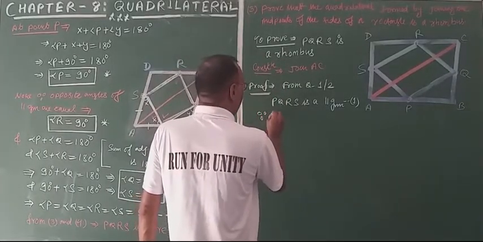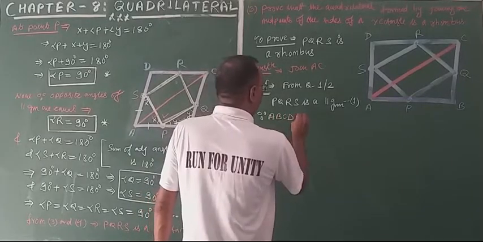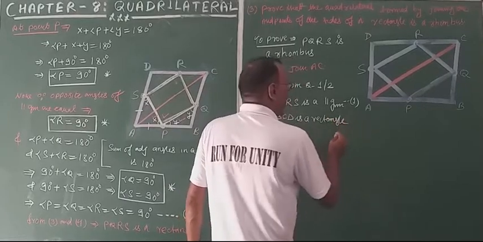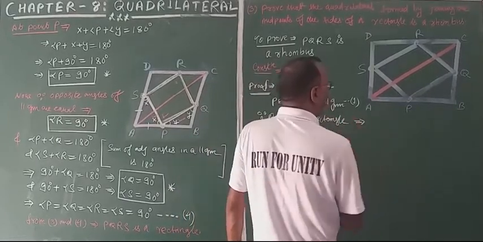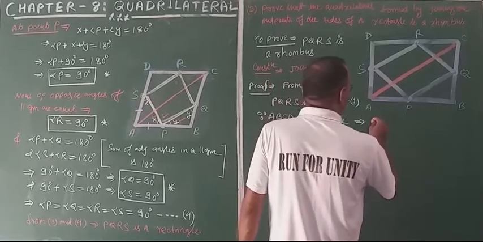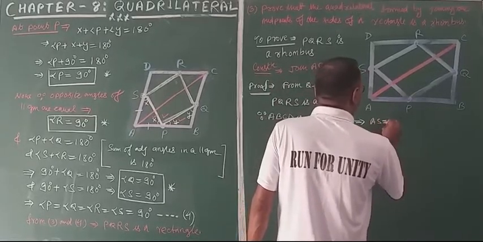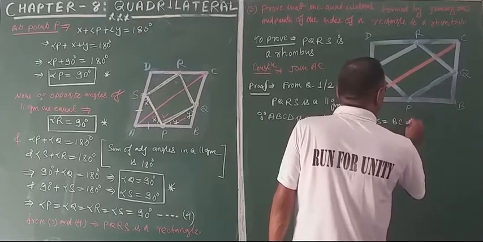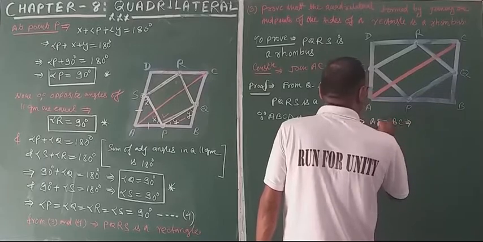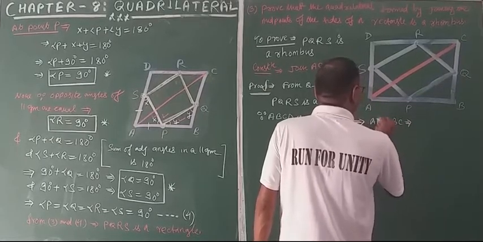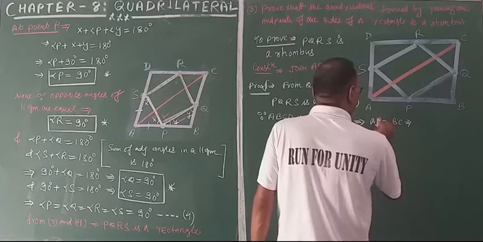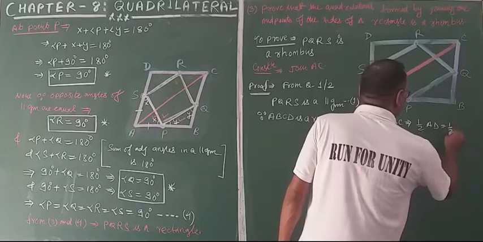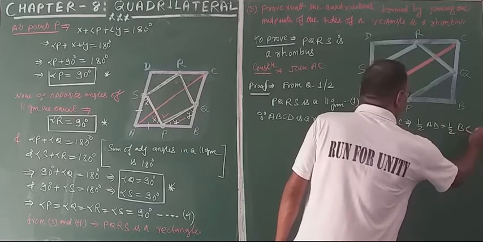Now, since ABCD is a rectangle, what will happen? The opposite sides will be equal. AD will be equal to BC and its half will also be equal. Half of AD will be equal to half of BC.